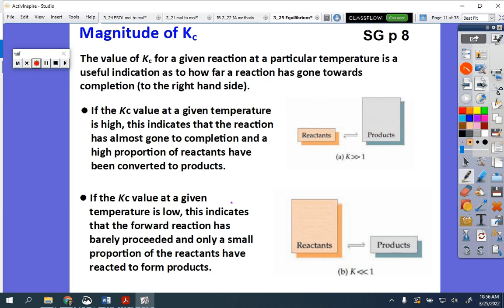The value of this is going to tell us how far we've gone to completion from the original reactants when we reach equilibrium. Okay? So if we have a high Kc, significantly higher than 1, then most of our reactants have been converted to products.